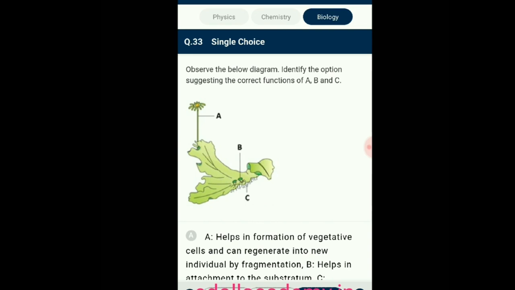B represents gemma cups, structures which contain vegetative cells. These cells help the liverwort reproduce by vegetative propagation by fragmentation. C represents rhizoids, root-like unicellular structures in liverworts which help in attachment to the substratum and also help to absorb water and minerals.